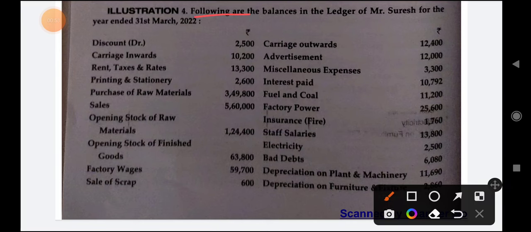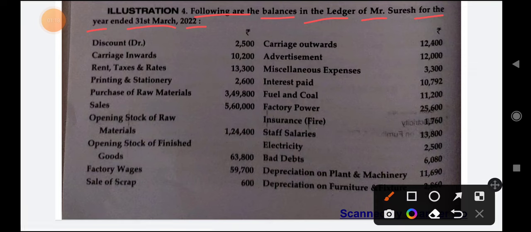From the following balances in the ledger of Mr. Suresh for the year ended 31st March 2022. Whatever expenses you generally post in trading account like factory rent, factory power, factory related expenses, wages, etc., will come in manufacturing account.